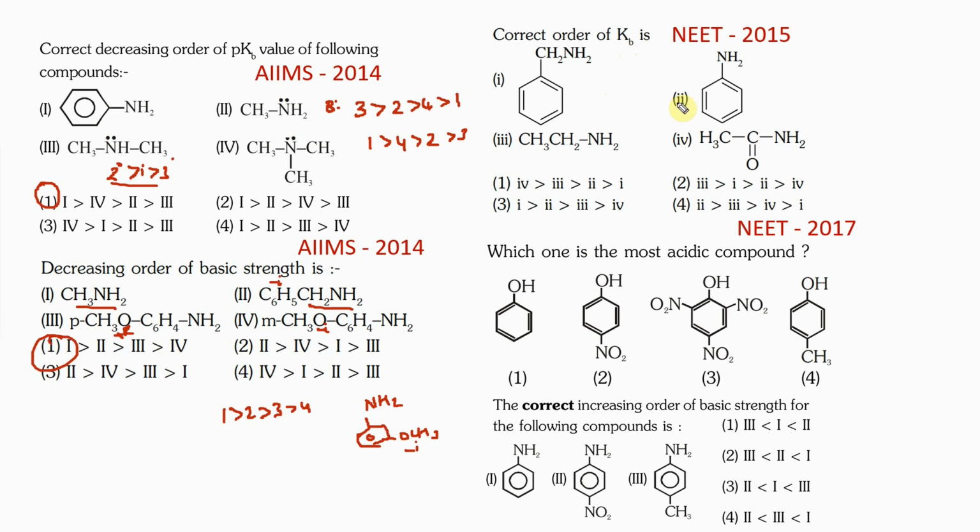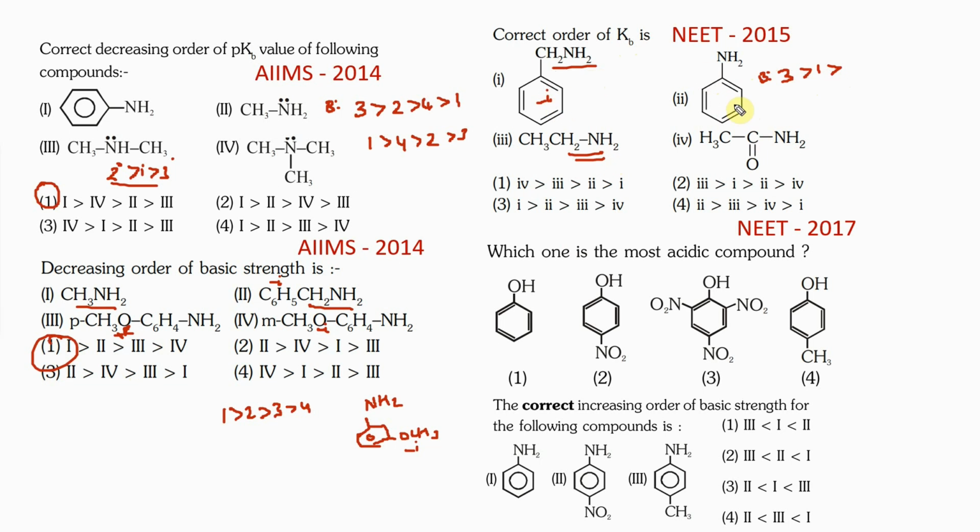Correct order of Kb is again the same thing. My 3 is going to be the strongest base. So 3 is going to be the strongest base in basicity compared to this, which is also an alkyl amine attached to a minus I group. 1. The ring is phenol, minus I. Then this is aromatic, this is aromatic.